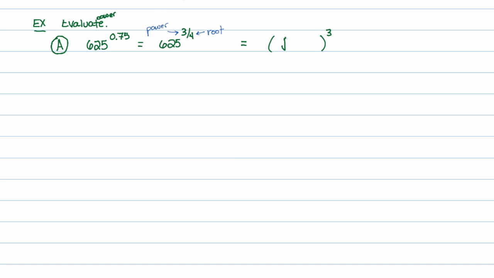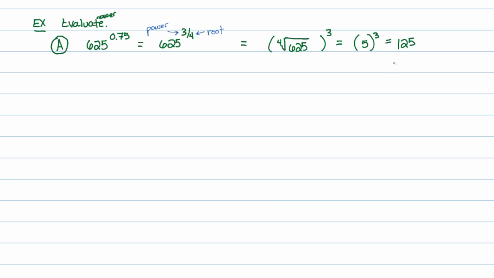I'm going to take the fourth root of 625 here. I know that 5 to the fourth power is 625, so the fourth root of 625 is 5. And 5 cubed is going to be 125.